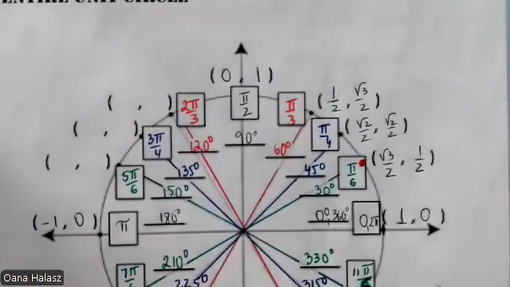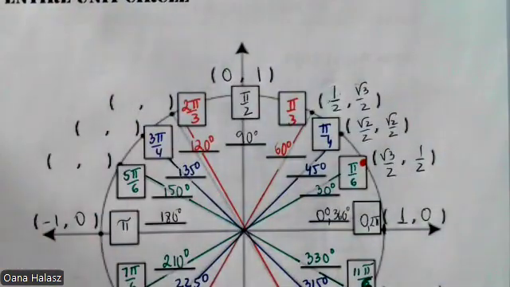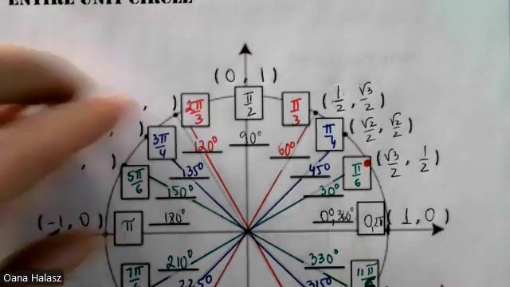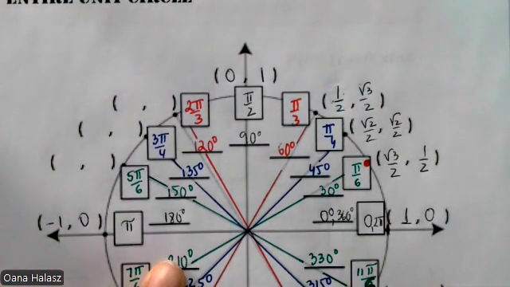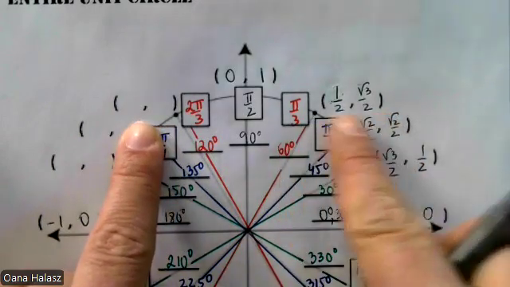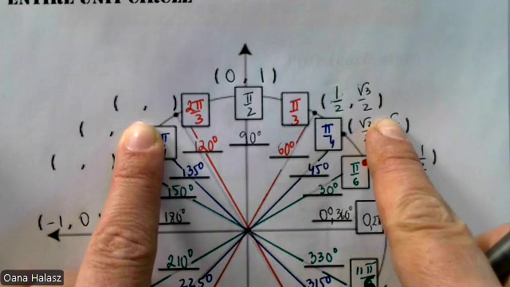Now, all we have to do is take these points and put them in each quadrant with the appropriate signs, right? So in quadrant 2, x's are negative, y's are positive. So for the family of angles of pi over 3, you copy all of the 1/2, comma, square root of 3 over 2, and make sure you put the right signs.